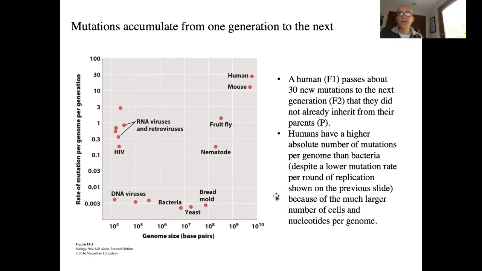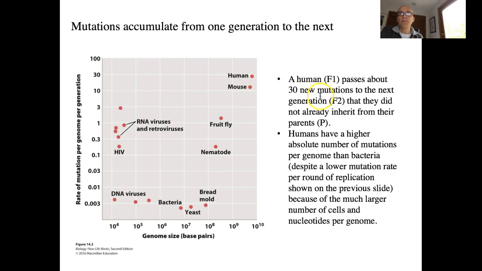So I said potentially passed on to the next generation because they would have to be in the part of the genome that gets packaged into the gametes and then sent off to the next generation as egg or sperm.